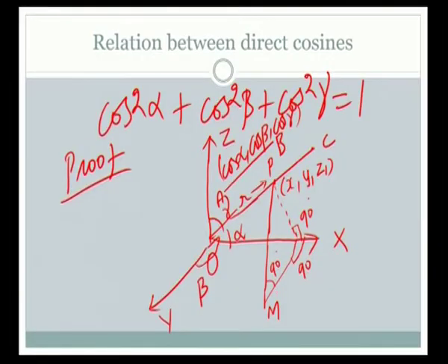To get the relationship between direction cosines, we need to draw a line parallel to the line for which directional cosine is to be obtained. Now, the parallel line is OC. Then imagine a point P on that parallel line. Draw a perpendicular MN which meets at the xy plane. Then these are all the angles in that line.